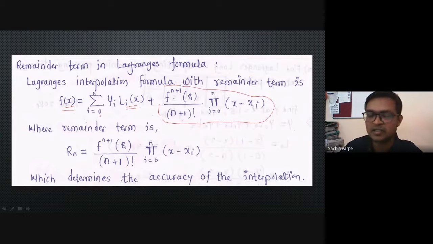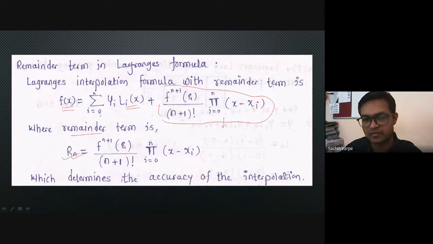That is the (n plus 1)th derivative of f upon (n plus 1) factorial at zeta, into the product of x minus xi. Product means (x minus x0) into (x minus x1) into (x minus x2) and so on. That will be the remainder term. Okay, so the remainder term is this.